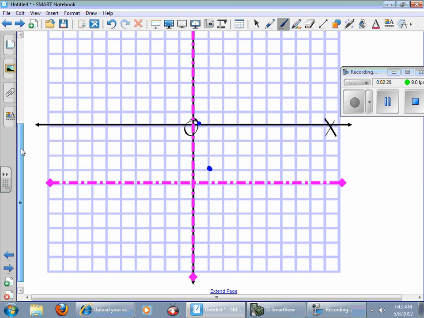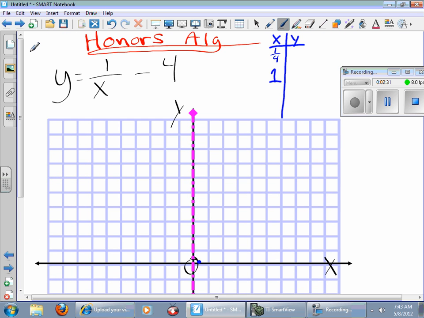Okay, and now I'm going to pick a number over to the right of 1, and maybe I'll pick, say, 10. I guess I should be filling in these values here. What did I get here? I got -3. Here I got 0. And when I put in 10, I'm going to get 1/10 minus 4.